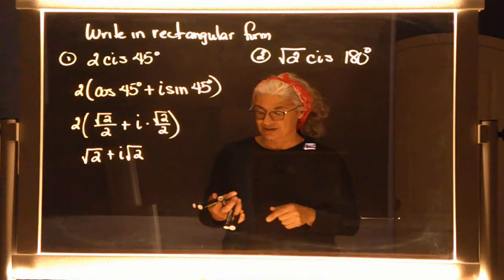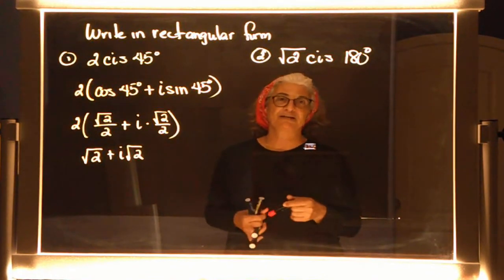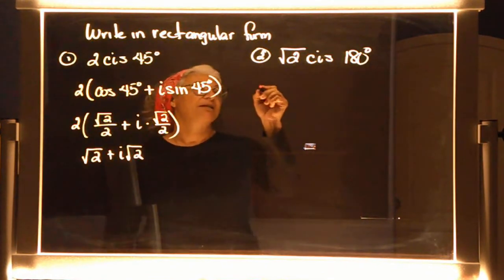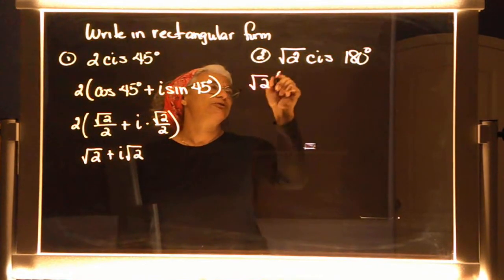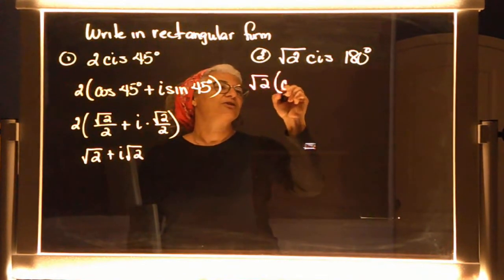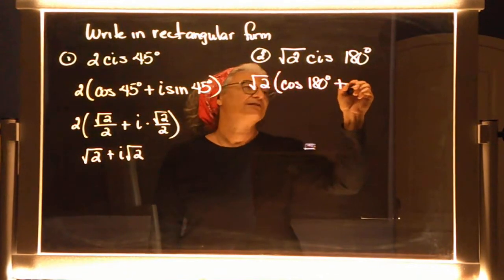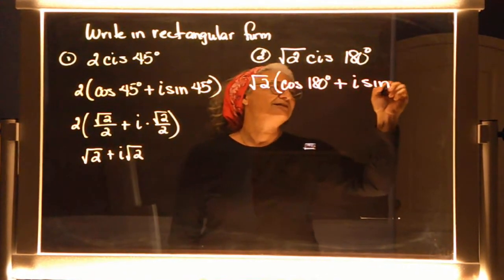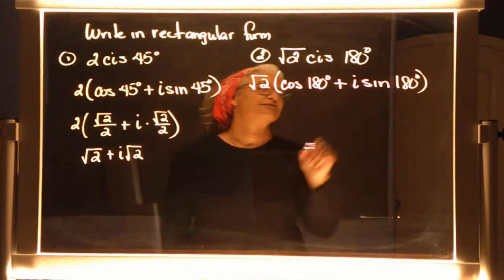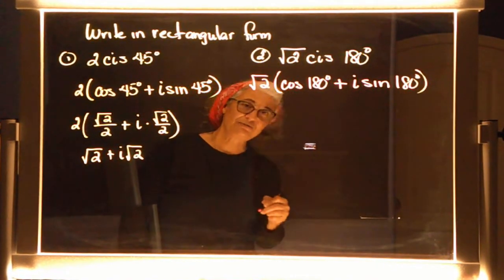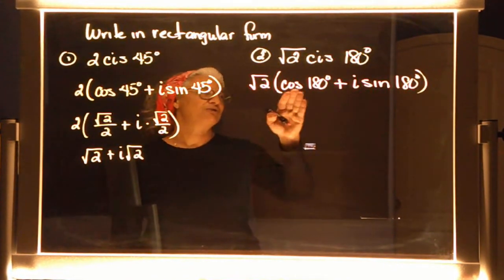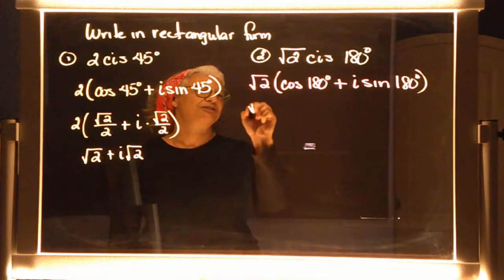Okay, let's look at the second one. Again, if you don't like the shorthand, then rewrite it. This would be square root of 2 times, good, cosine of 180 degrees plus i sine of 180 degrees. Got an idea what you need to know? That's right, you need to know the cosine and the sine of a 180 degree angle.